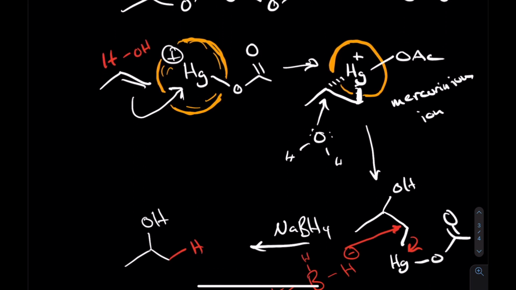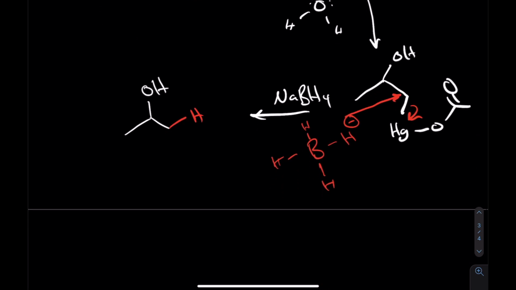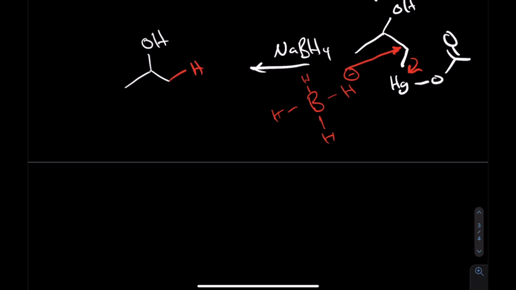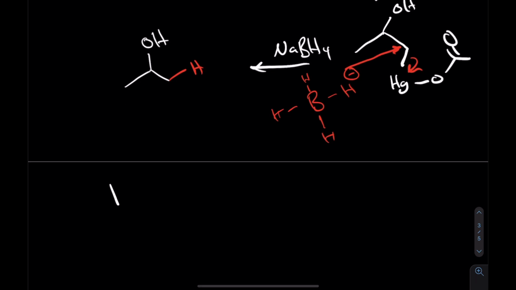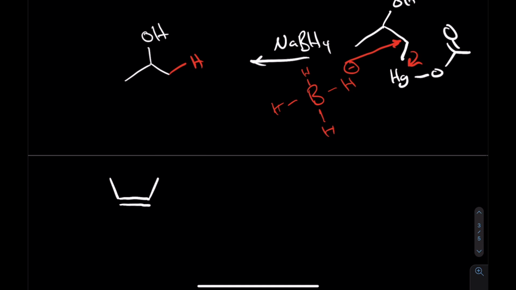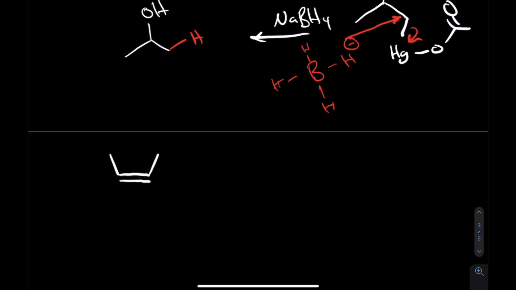Now, in mercury, you can end up with the anti-addition to the double bond, right? And so how does that work? So if you have, let's just do this mercury addition on a cis double bond. All right. So you got a mercury addition, and in fact, let's draw this so that the double bond is coming out, so that the methyl groups are coming out towards you, right here.